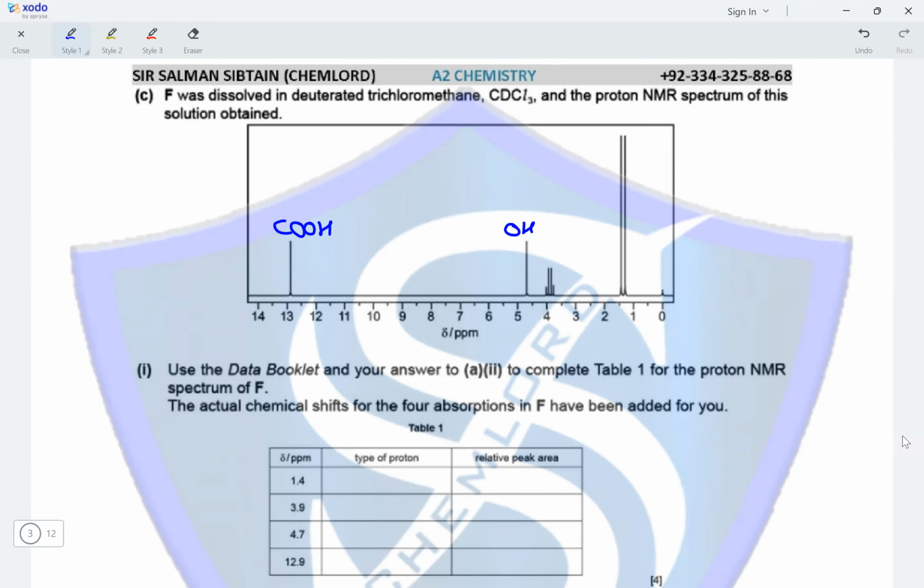Then we have a peak that is a doublet in the range of 0.9 to 1.7. So this belongs to a group which is next to a CH group. And then we've got a peak close to 4, splitting into 4.